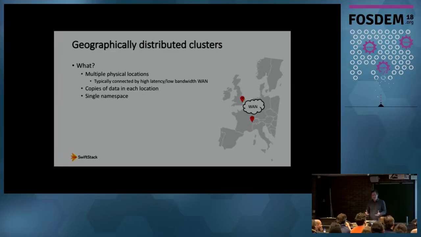And importantly, at least for the purposes of my definition, every object that is stored in a distributed cluster will have at least one copy of itself in each of those physical locations. So we might be talking about multiple data centers here, like, approximately, London and Geneva, connected by a wide area network.